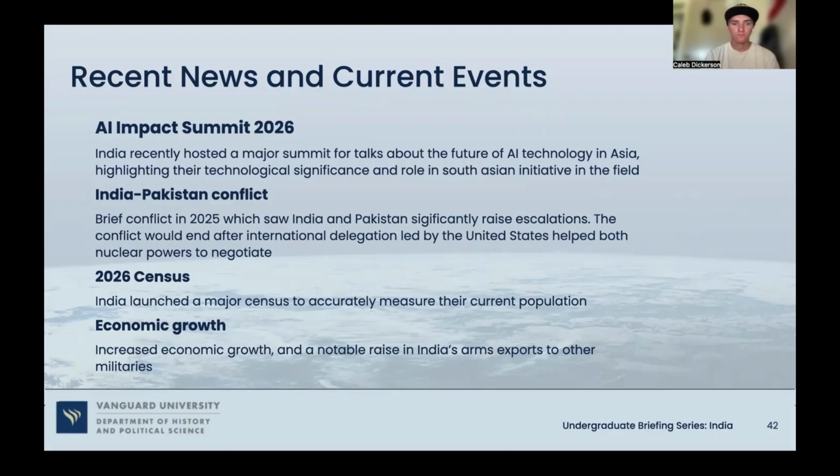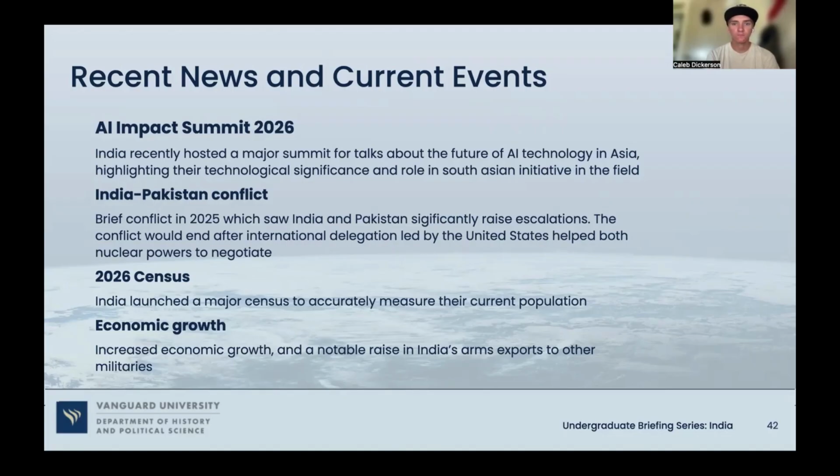This is a significant undertaking considering that a lot of India's states vary a lot in their centralization and federal power, and India has a significant population of over 1.4 billion. So this census, in a lot of ways, shows that the Indian government still wants to prove themselves as capable and able to address their needs as a nation and conduct a census at such a large scale.